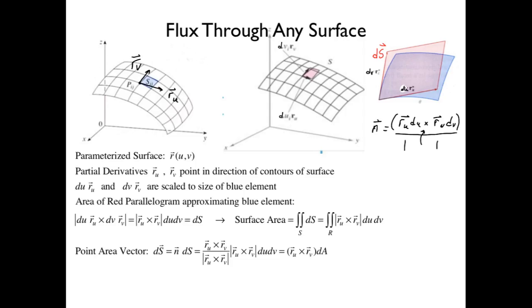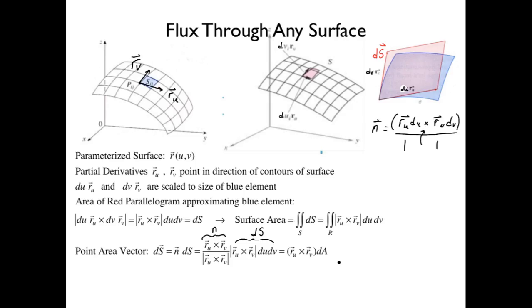Okay, I'll just pause for a second here. Did I lose anybody? So make sure we know what everything means and every step along the way here. This is n. This is dS. Those go away, and so then we get an easy version of the dS vector.